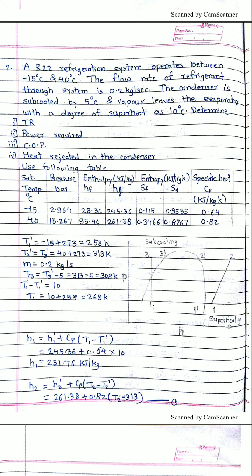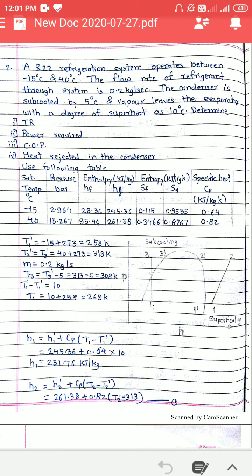Normally point 1 lies on the curve, but if the superheat is given, point number 1 is shifted into the vapor region. So that is shown here: point 1 is shifted into the vapor region, it is not on the curve. The point on the curve is known as point 1 dash.